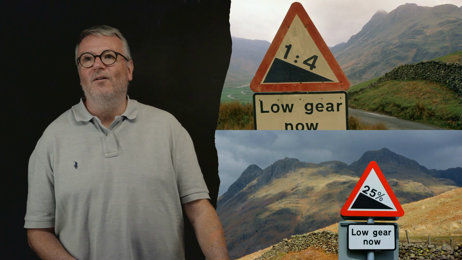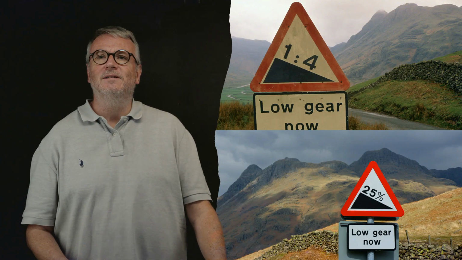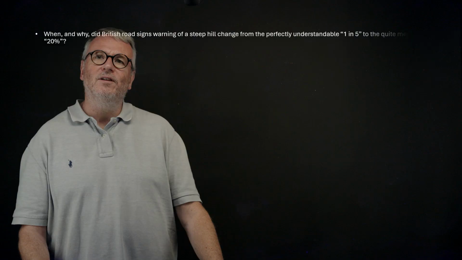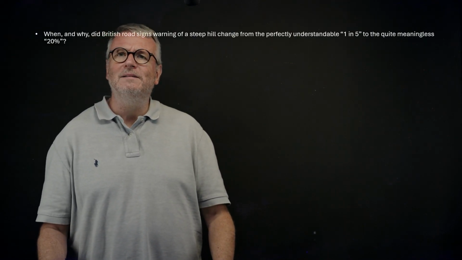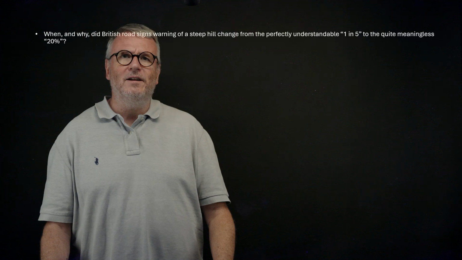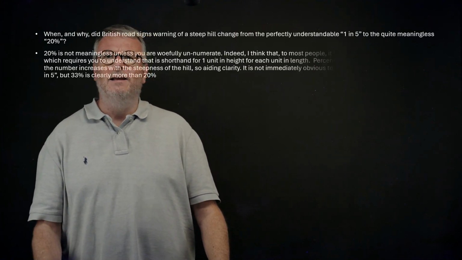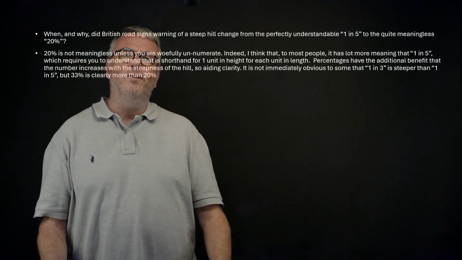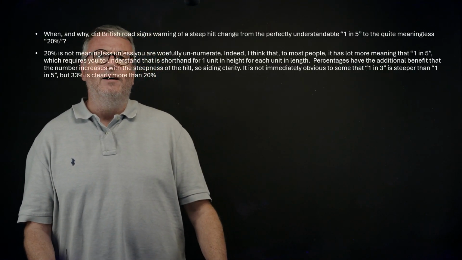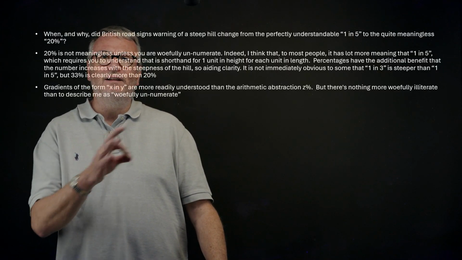Both are perfectly valid ways of measuring slope. It did make me laugh, though, that the Guardian readers, in their infinite wisdom, decided when this change was made to hit the social media comments. "When and why did they go from a perfectly understandable 1 in 4 to a quite meaningless 25%?" "It's not meaningless unless you're woefully innumerate. Then gradients are more readily understood."